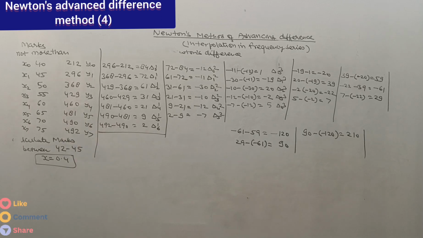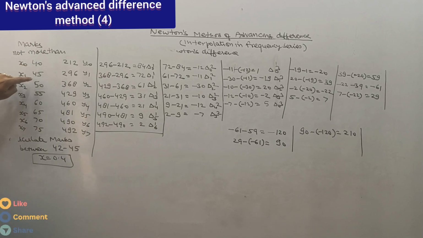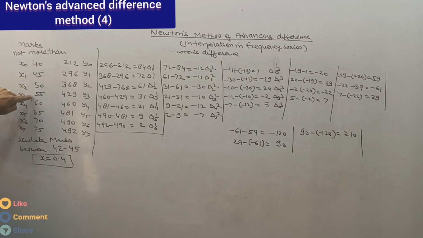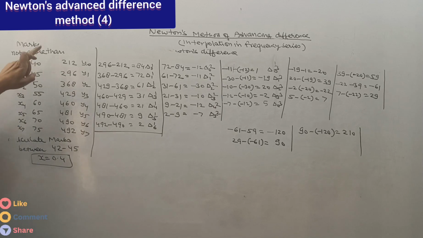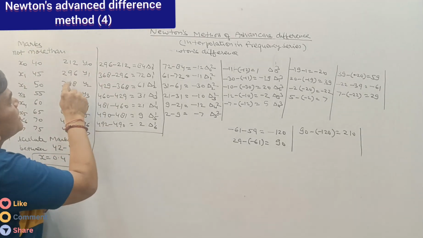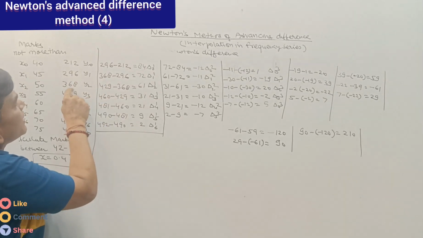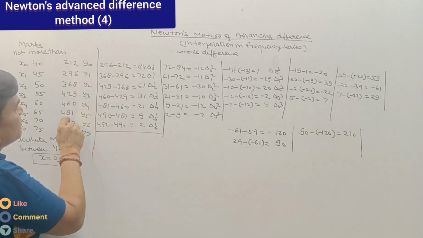Okay. At the start we have marks less than 40, less than 45, less than 50, less than 55, less than 60, less than 65, less than 70 and 75, that data is given. So the very first difference: 296 minus 12, 368 minus 296, 429 minus 368, 460 minus 481.